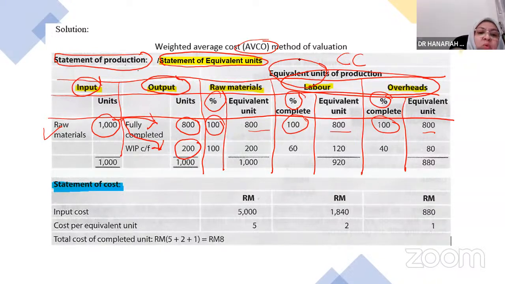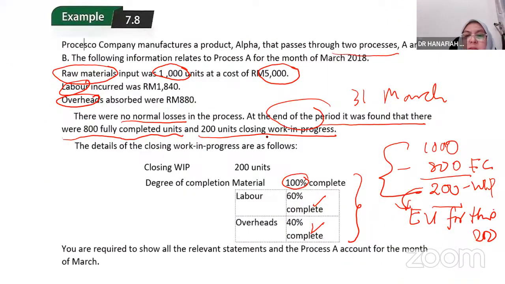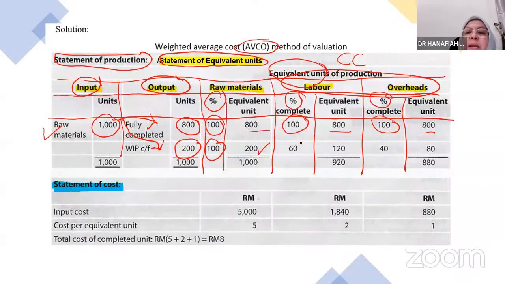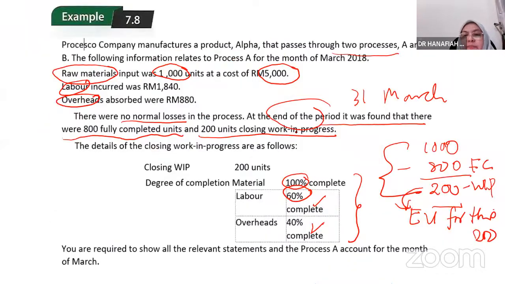Now, we have the work in progress. As I mentioned, raw material should be 100%. So 200 times 100% is 200. For the work in progress labor, it is 60%, therefore I write 60%.